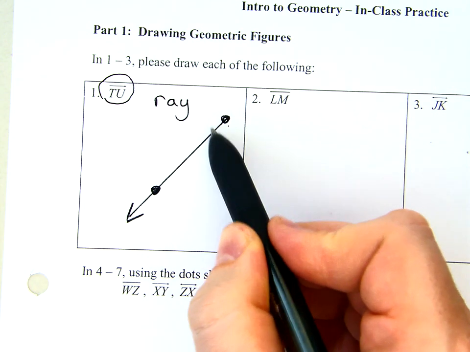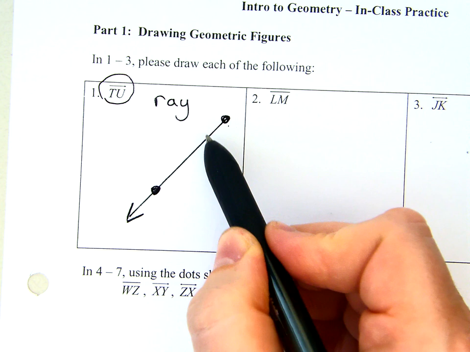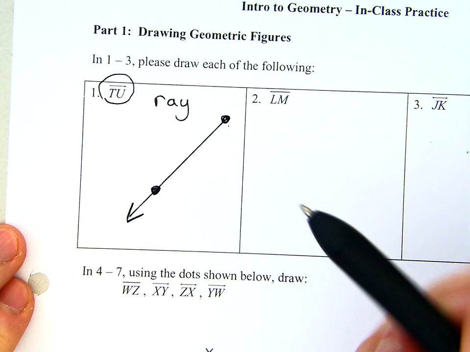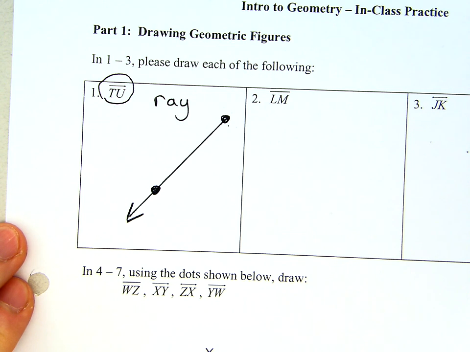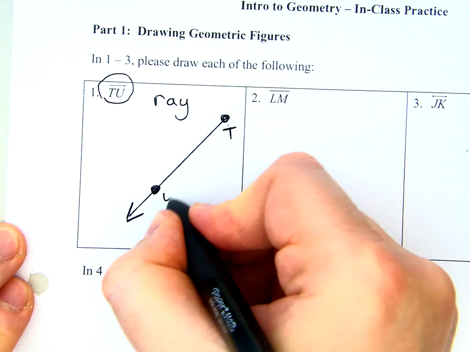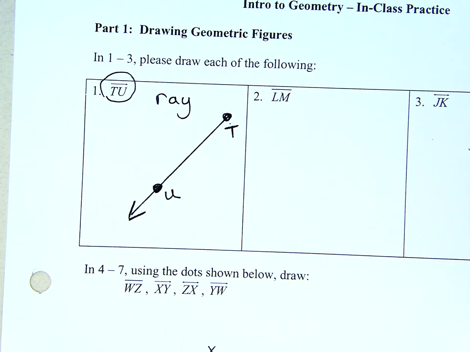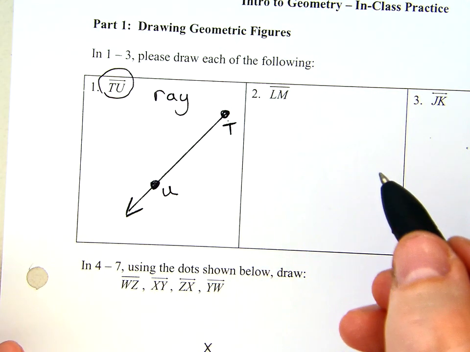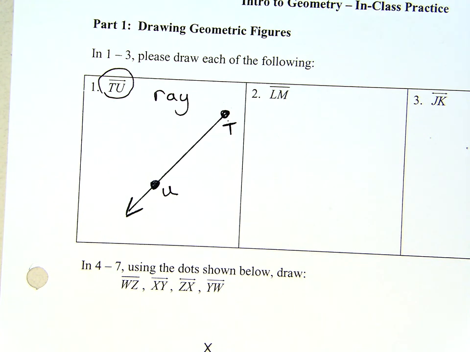Hands, please. T, U, or doesn't matter? Let's do Leo. Why does it have to be T? First letter is the end point. That one has to be T. This one has to be U. And I actually need to see points. Every now and then I have a student who will just write the letter there. Not good enough. You got to show me a big point.